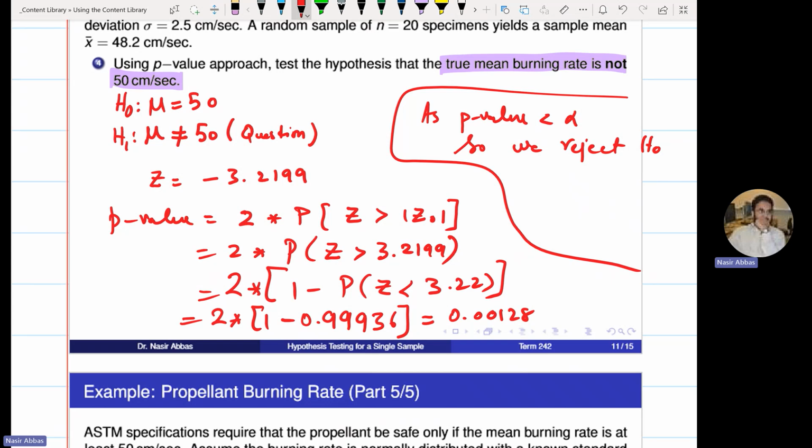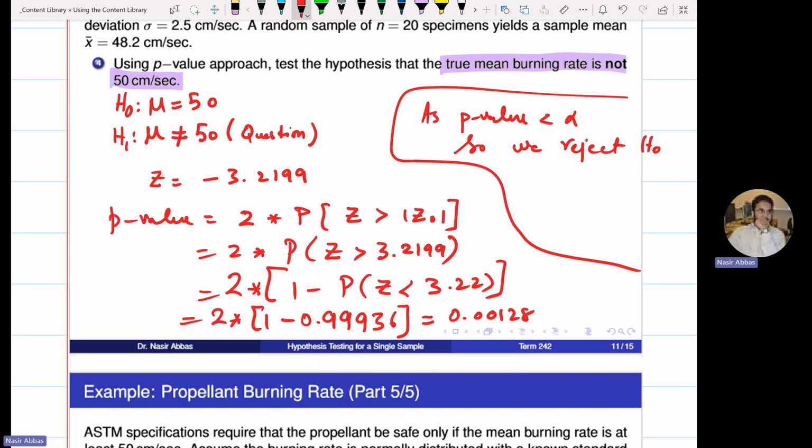In terms of the conclusion, think like you are telling this statement to a non-statistician. The non-statistician doesn't know what is H naught. He doesn't know what is H1. He doesn't know what is mu. He knows whether the true mean burning rate is 50 or is it not 50.